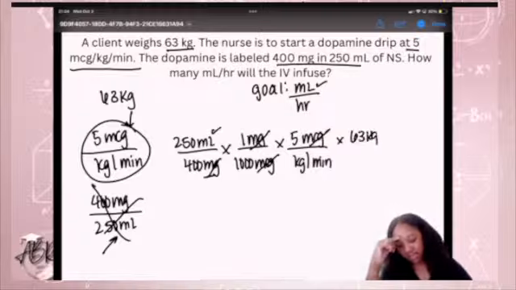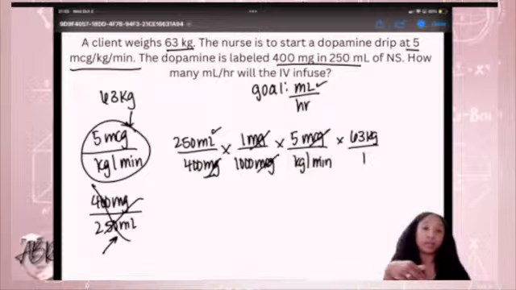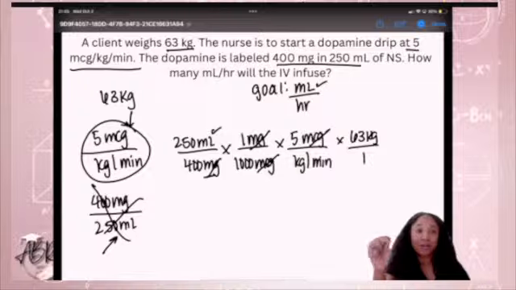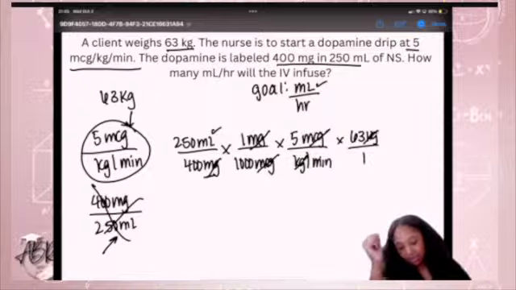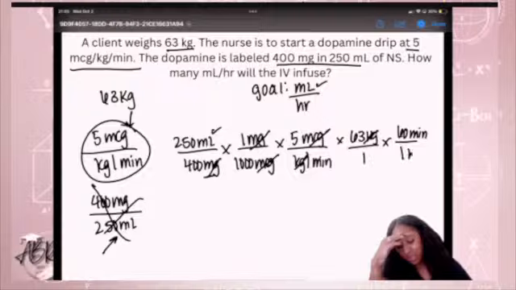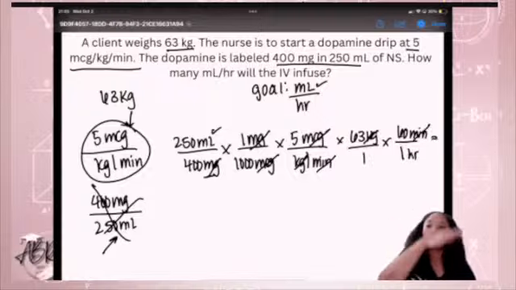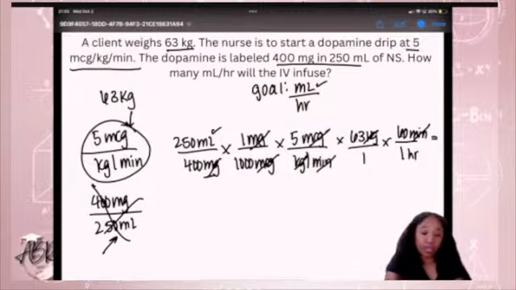So I'll put my 63 kgs, and notice it's over 1 because it's not with anything else. It's just on a puzzle piece by itself. It's solo. So over 1. Kg crosses out, and then we've got minute at the bottom, and I need hour at the bottom. So 60 minutes is 1 hour. Minute crosses out, and now we have crossed everything out, okay?